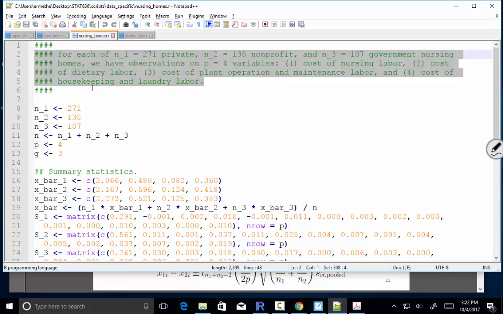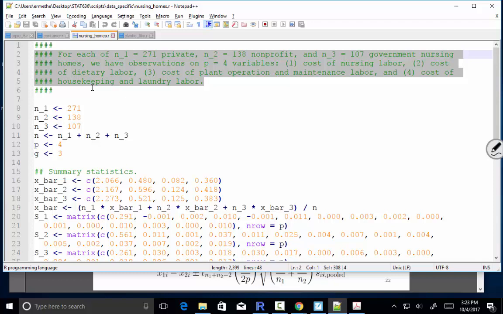We have multivariate data on a bunch of nursing homes. There are 271 privately run nursing homes, 138 that are nonprofits, and 107 that are run by government agencies. For each one of the nursing homes, we have p equal to 4 numeric variables.